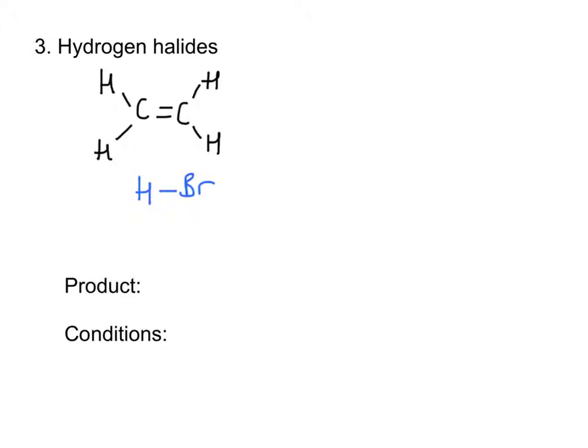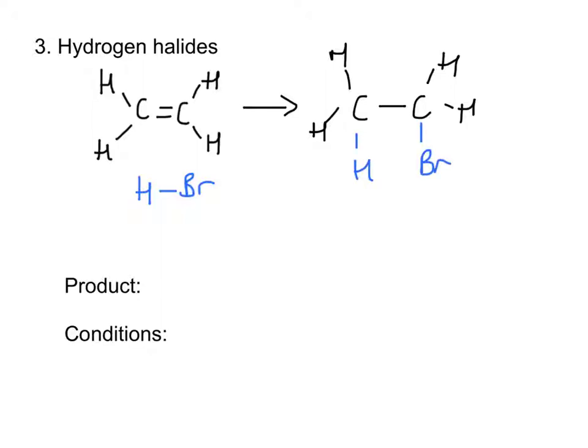The third addition reaction we are looking at of alkenes is the reaction between a hydrogen halide and the alkene. Again, just reacting in the same way, loss of the double bond, and the H and the Br bonded like that. Of course we can represent this in the form of an equation just like this.